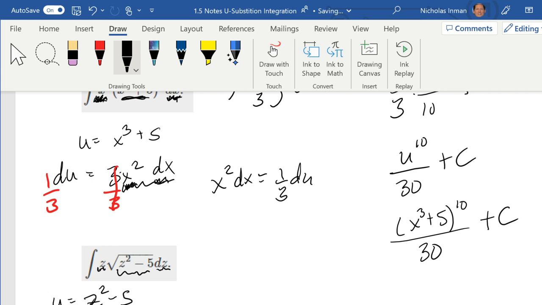So my integral becomes 1/2 du, and then a square root of u. All right, to integrate square root of u, that's u to the 1/2.